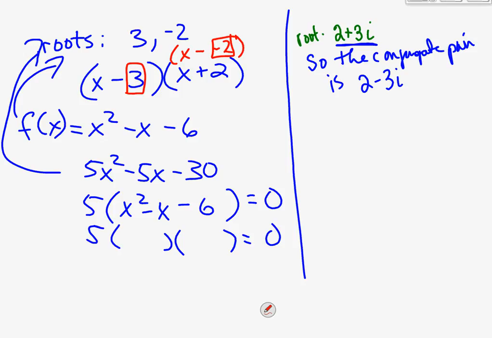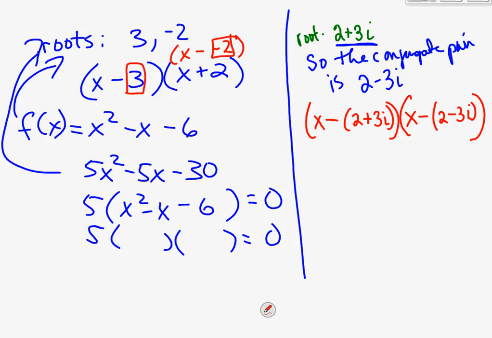So when we write this as conjugate factors, you should be writing this down because we go to harder ones immediately after this. So if I'm going to write this in factored form, I'm going to write x minus, parentheses, 2 plus 3i. And my other factor is going to be x minus, parentheses, 2 minus 3i.